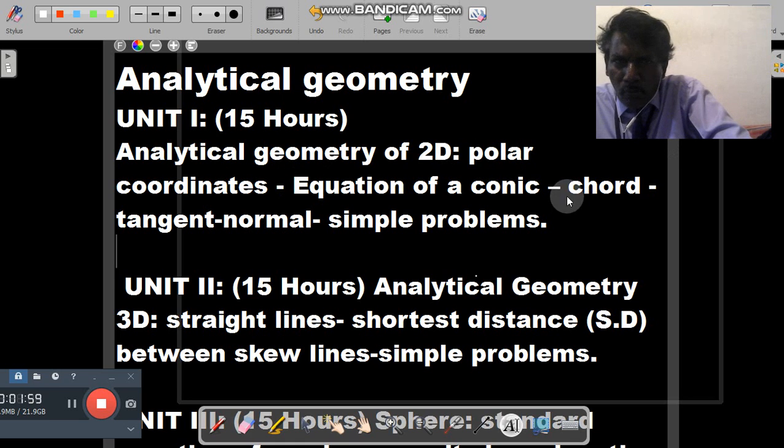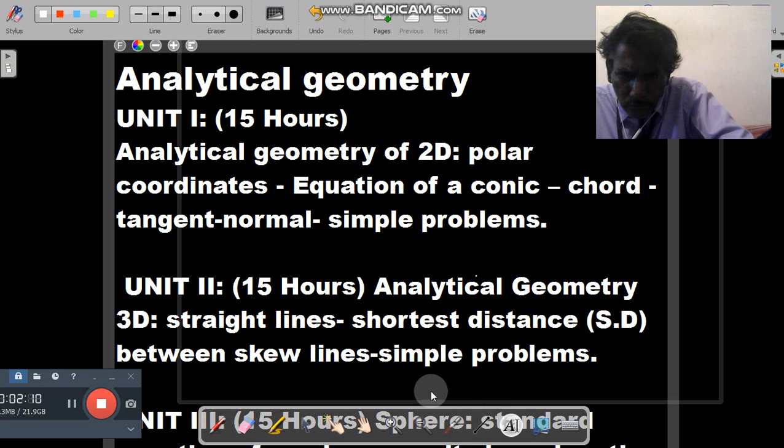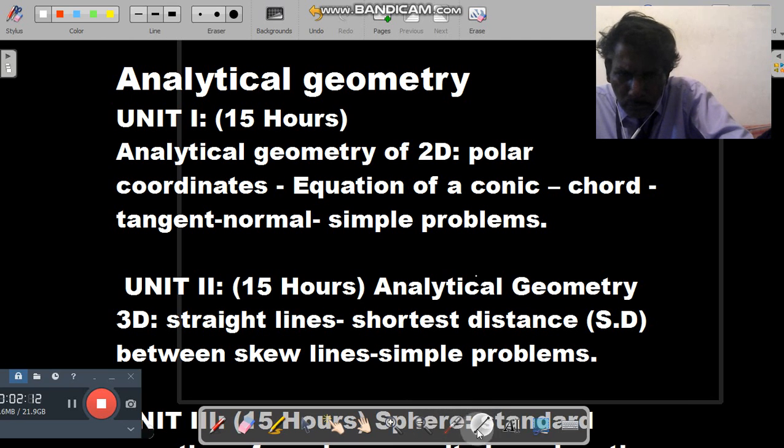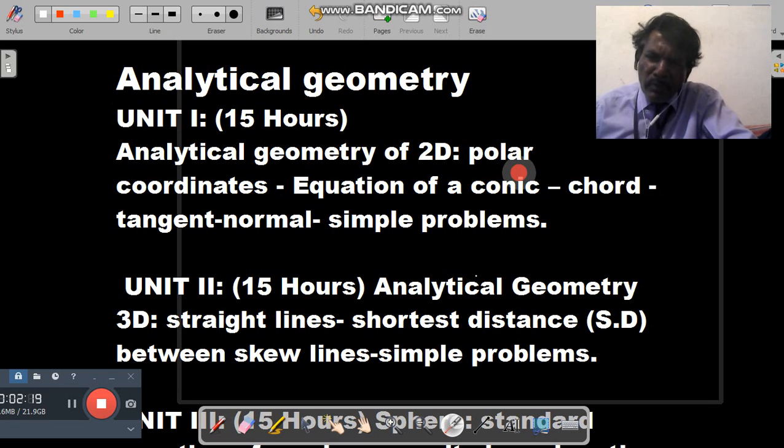So the polar coordinates. We know what polar coordinates are.